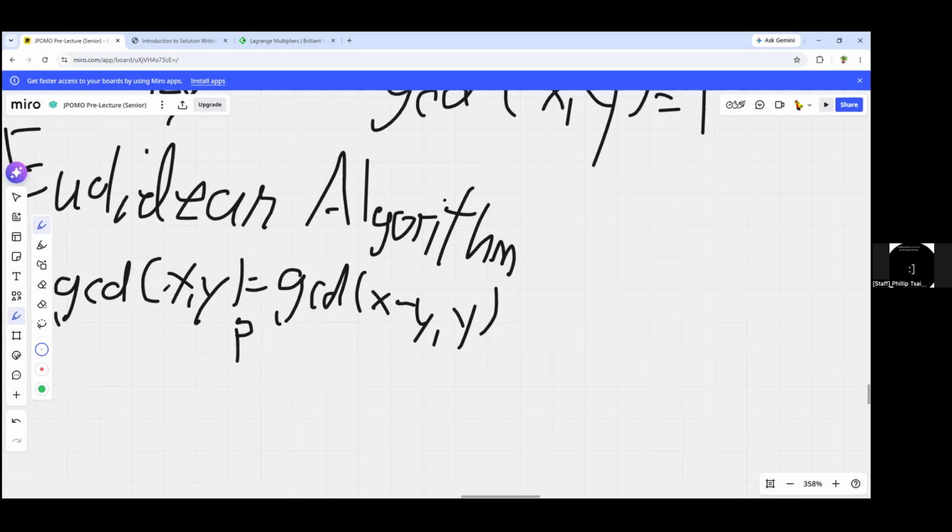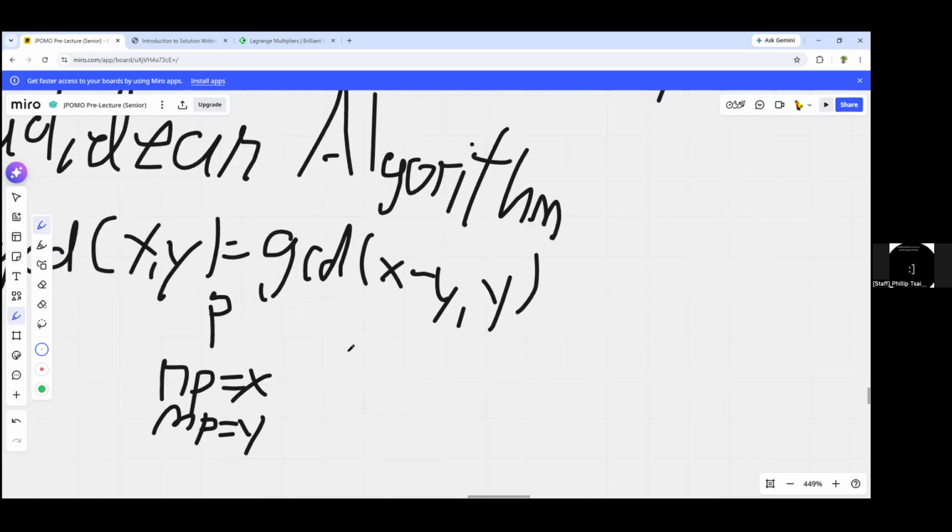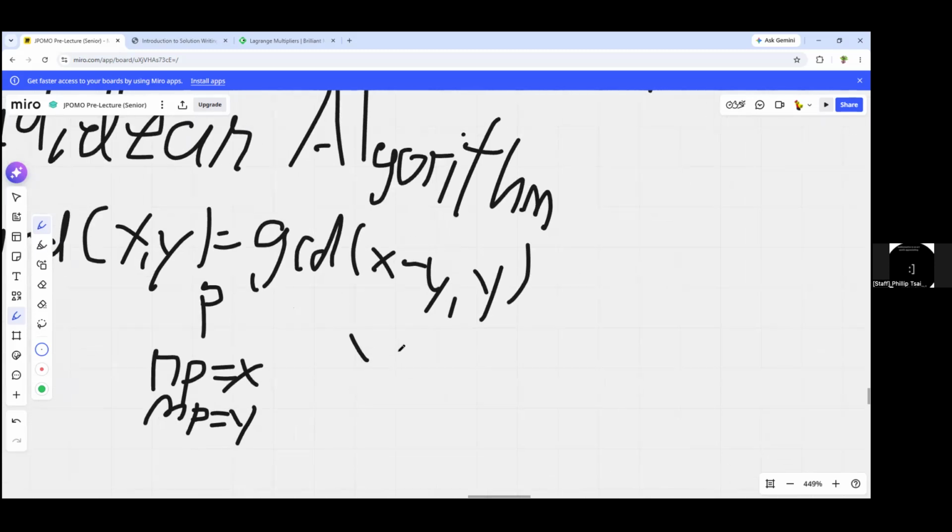Let's say np is equal to x and mp is equal to y, right? Well, x minus y is equal to p times n minus m, right?